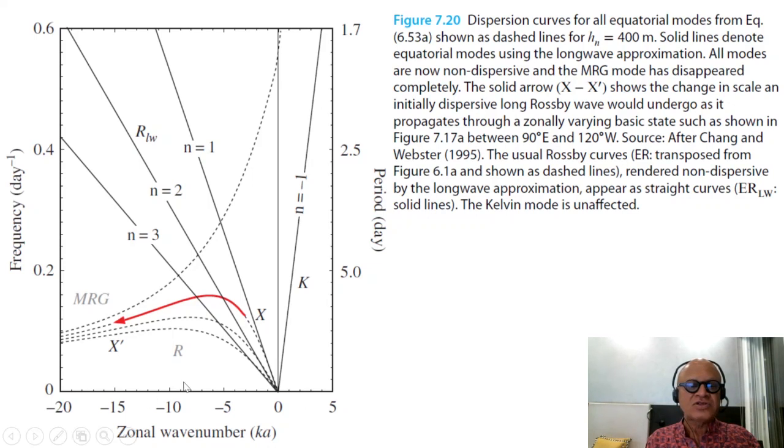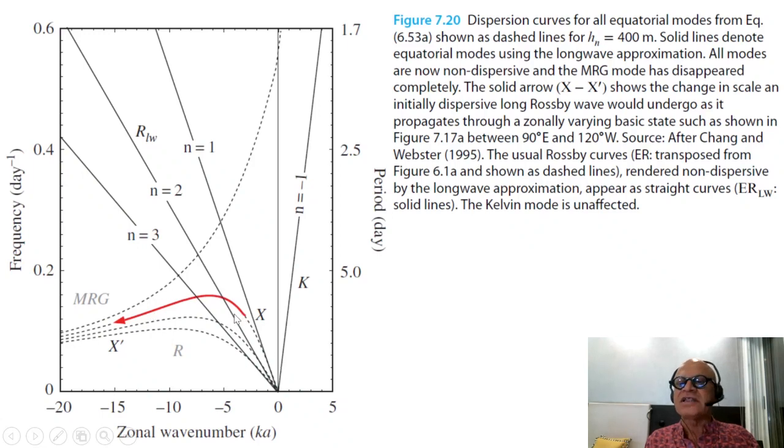Looking again at our zonal wave number frequency diagram, we had Kelvin wave n equals minus 1, and under long wave approximation we had long Rossby waves appearing non-dispersive this way, propagating westward. Omega over k is negative, and the regular Rossby waves have this behavior.